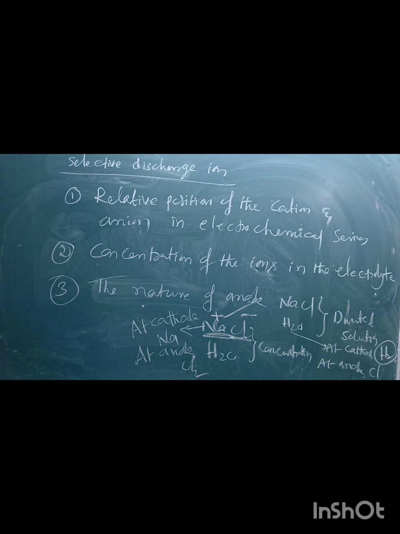And the nature of the anode determines the selective discharge of the anion migrating towards it. The anode can be chemically non-attackable, like inert ones such as iron, graphite, platinum, gold. Or the anode can be chemically attacked, such as nickel, silver, chromium and copper.